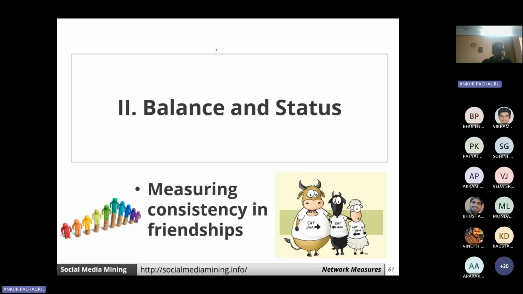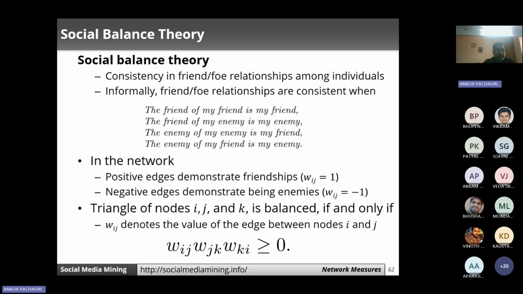Another network measure is in terms of balance, in terms of consistency in the relationship. The social balance theory deals with consistency in friend or foe relations among individuals. The relationship is consistent if all 4 conditions hold. Friend of my friend is my friend. Friend of my enemy is my enemy.